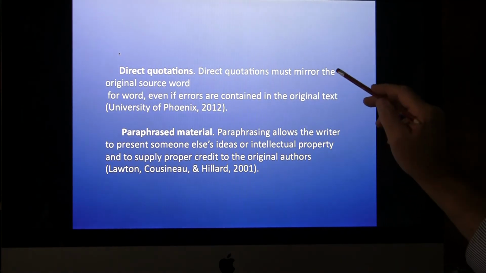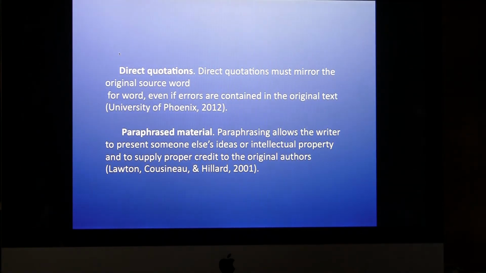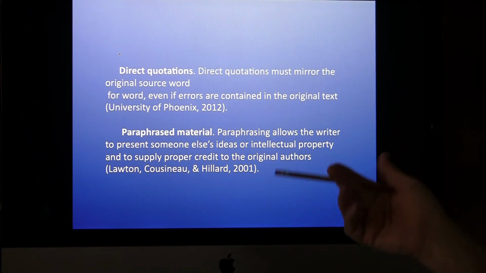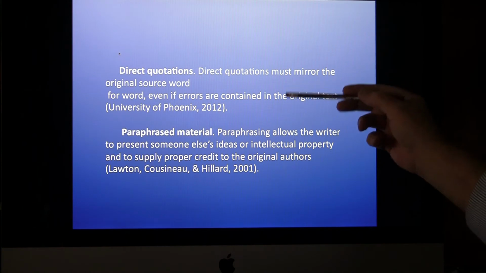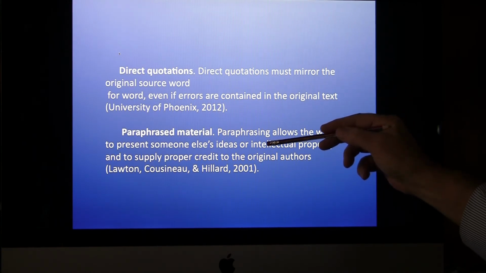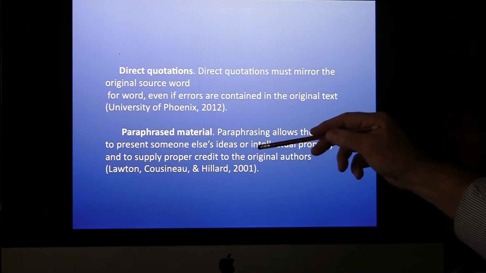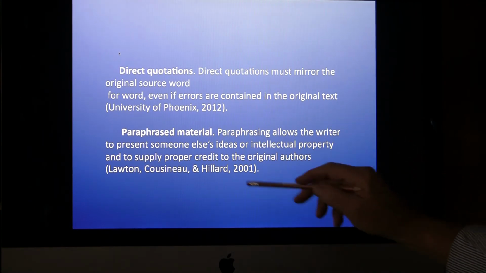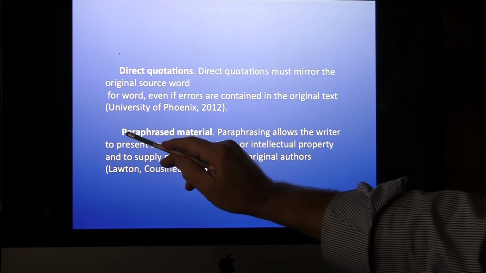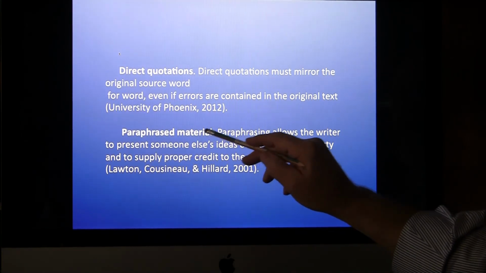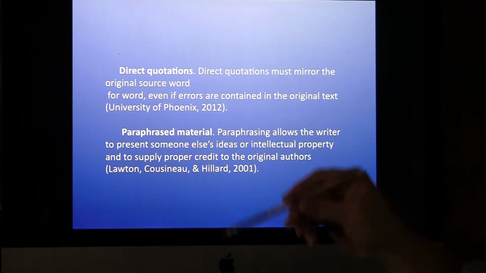Direct quotations must mirror the original source word for word, even if errors are contained in the original text. And again, there's a reference. And you'll notice I have 2 level 3s. Again, if I tried to use one, I would not be within APA rules. So I have 2. And again, indented 5 to 7, the first letter is capitalized, it's bolded, and there is a period. Okay.